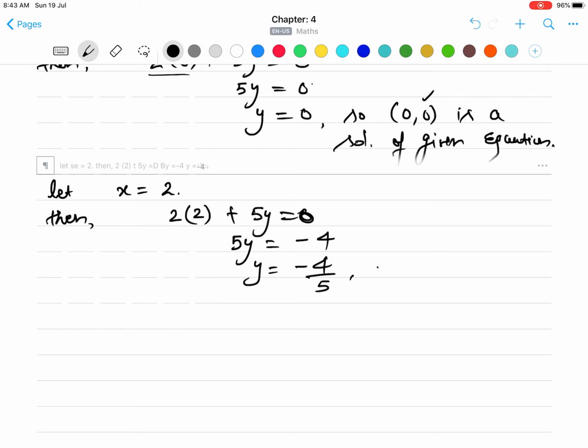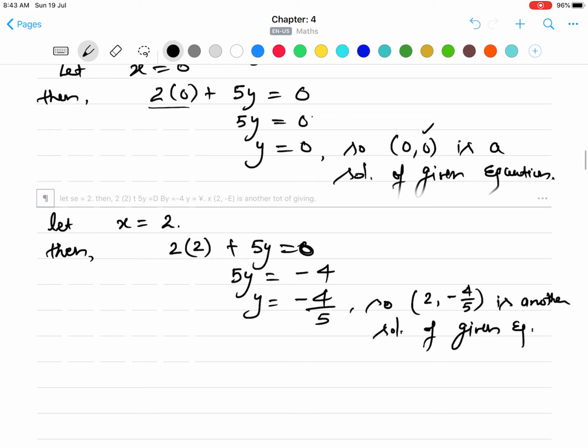So we have x equals 2 and y is minus 4 by 5, which is another solution of the given equation. Okay, so we got the two solutions. First is (0, 0) and second is (2, minus 4 by 5).